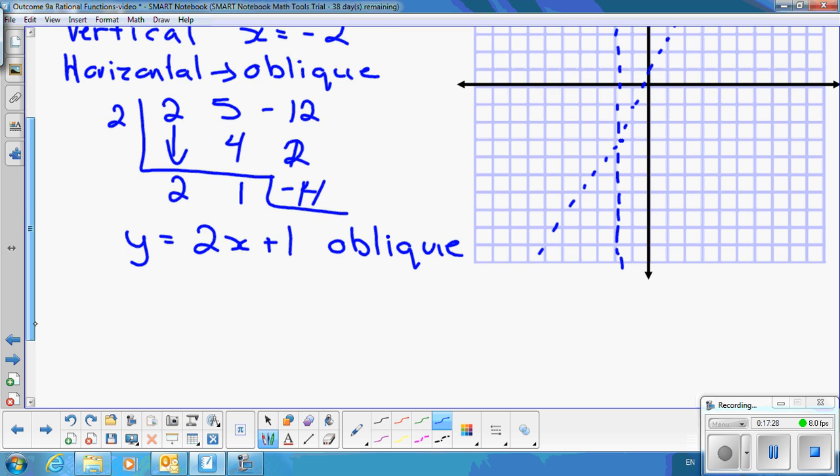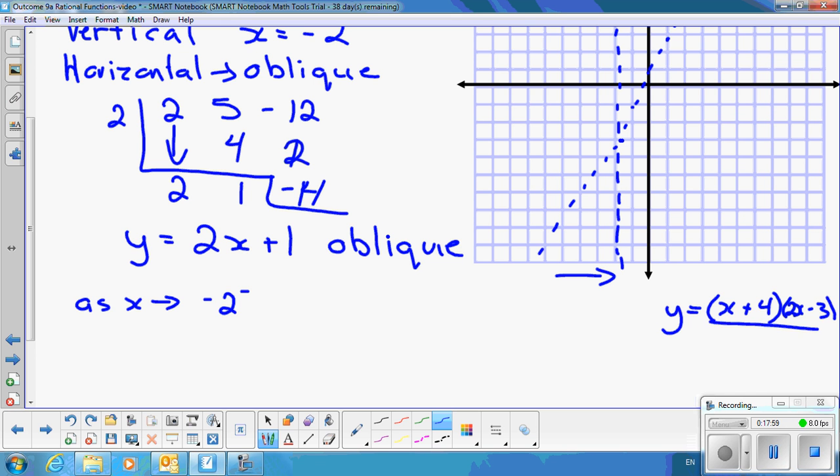Okay, we want to test the behavior near those. Let's start with that vertical asymptote. I want to see what happens as x approaches that vertical asymptote, which is at negative 2, from the negative side. Looking at our factored form, the rational function was x plus 4 times 2x minus 3 all over x plus 2. Picking a value that's close to negative 2 but on the negative side, I could use negative 2.1.